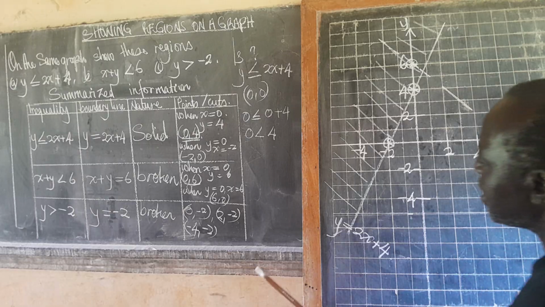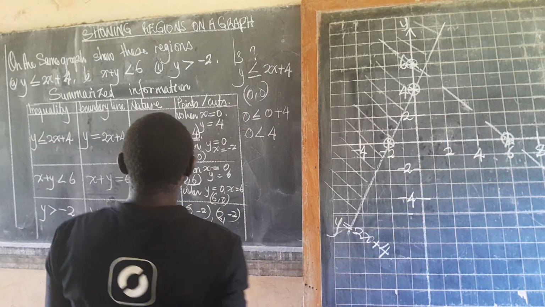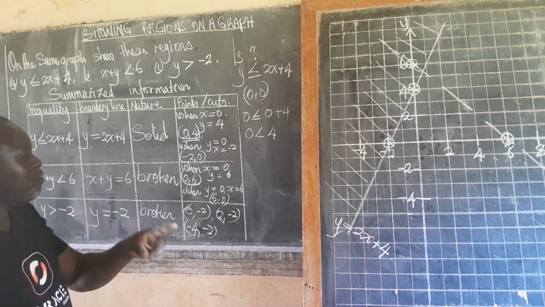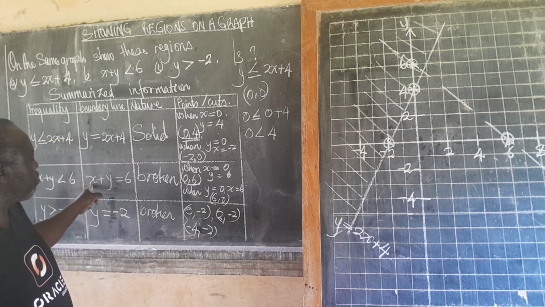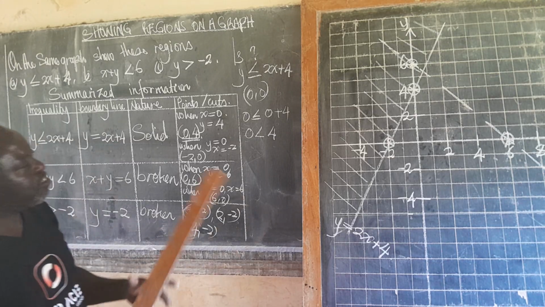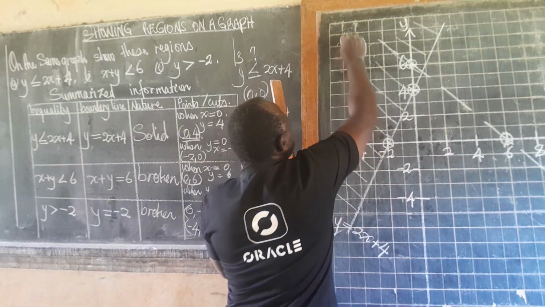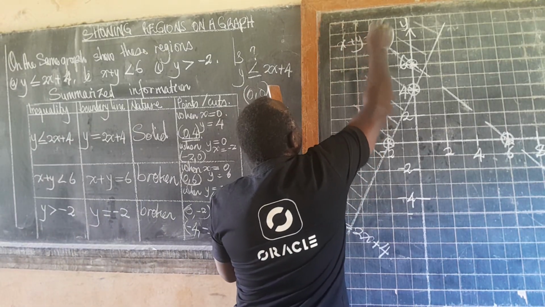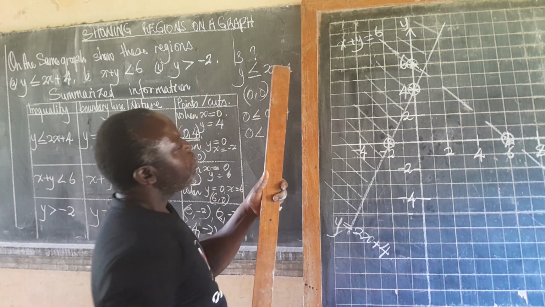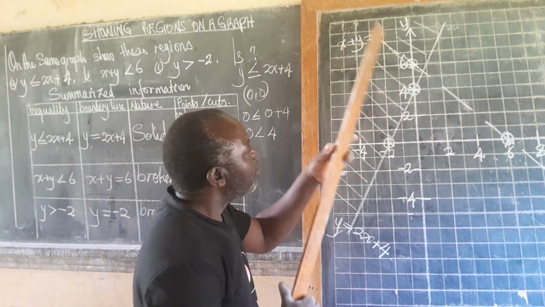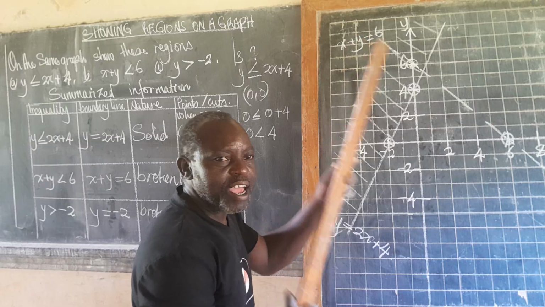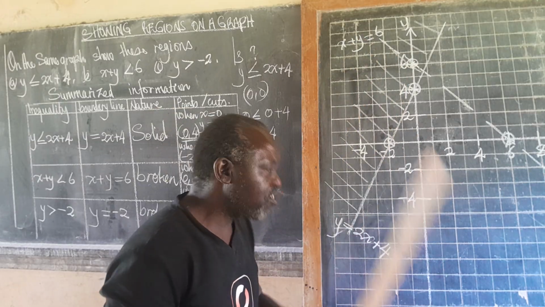Then having noticed that the line is broken, we also give it a name. We get the name from here, which is x plus y equals 6. Remember, when we are naming the boundary line, we don't use the inequality sign. We use the equal sign.